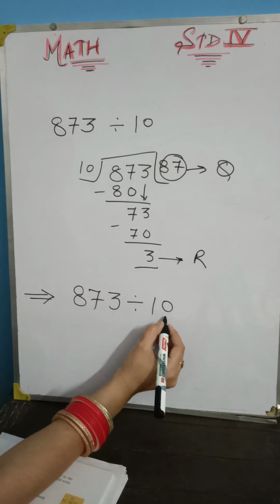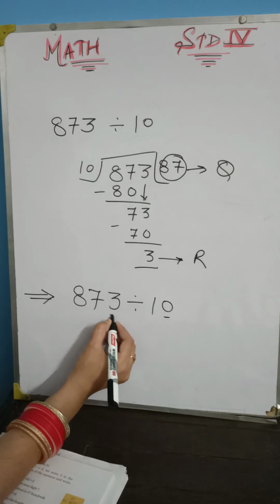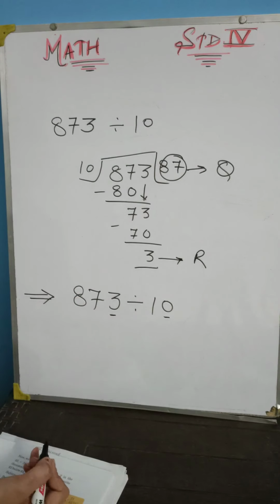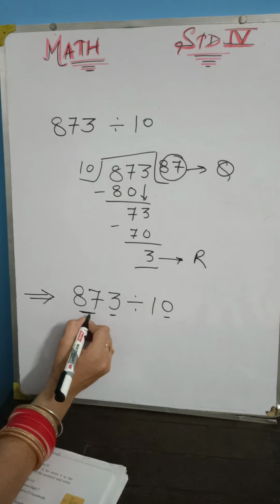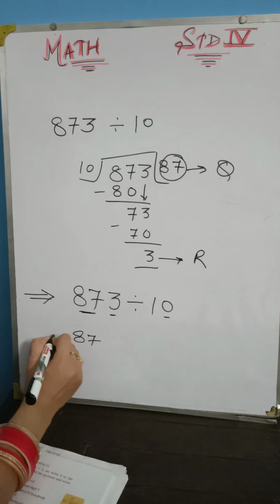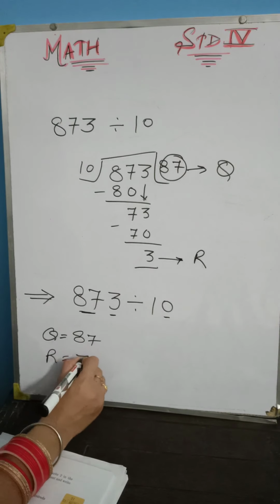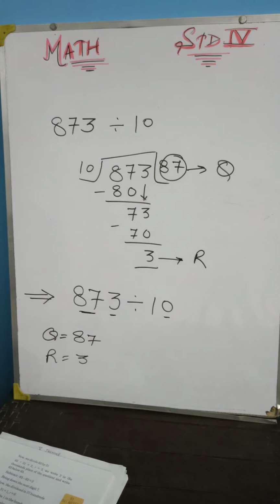Again, count the number of zeros and count the last digit. 1 0, 1 digit. So the last digit will come as a remainder. So these two digits will come as quotient and last digit will come as remainder. Understood? Let's understand with one more example.